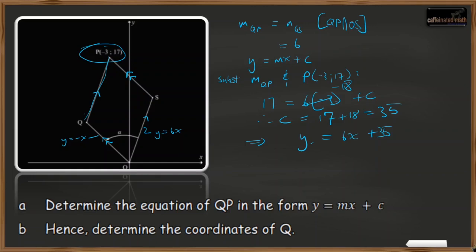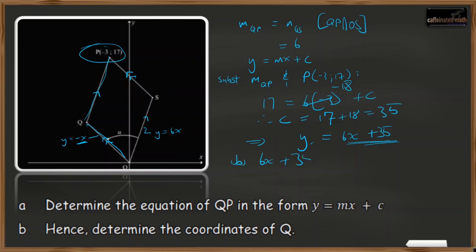Hence determine the coordinates of Q. Well, in that case, OQ over here, which is defined by minus x, is going to be equal to our new equation over there. Let me just delineate it.